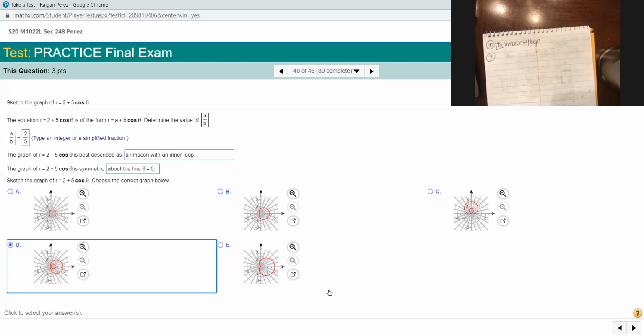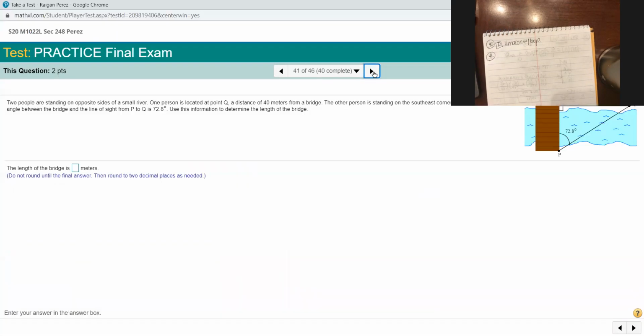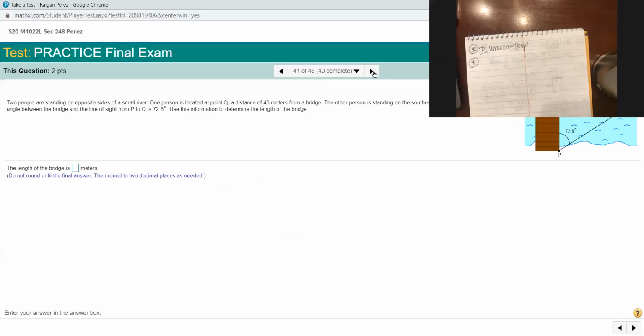All right, 41. Okay, let me make this bigger so y'all can see my scratch work. All right, use the information to determine the length of the bridge. So we basically got this triangle. It's a right triangle. I know that this is 72.8, and I know this is 40 meters, and it wants us to find x.